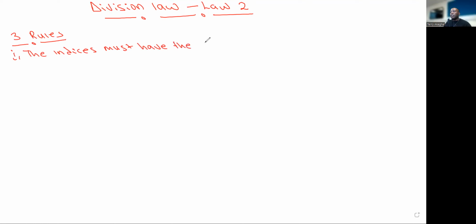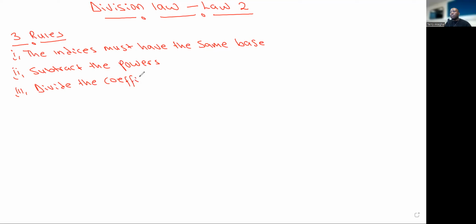Then when they do, the next thing you have to do is subtract the powers. And after which, you then divide the coefficients, if they do have.